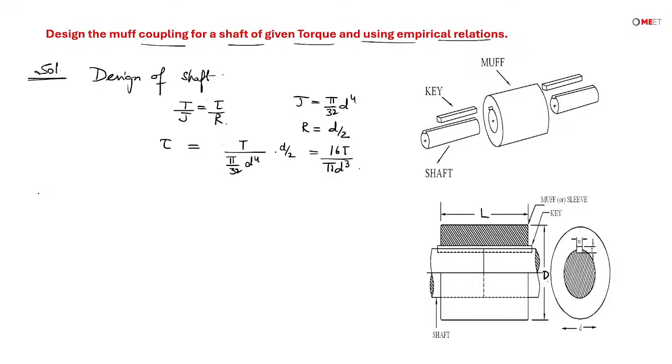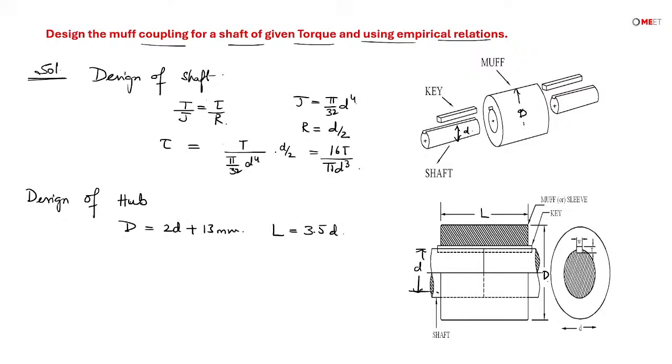Next is design of hub. The size of the hub is given by capital D is equal to 2 times small d plus 13 mm, and L is equal to 3.5 times the shaft diameter. Small d is the shaft diameter. This is the shaft, this will be small d, and this would be capital D. Even the hub will be subjected to twisting moment.